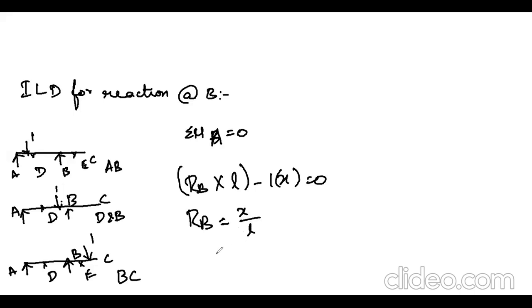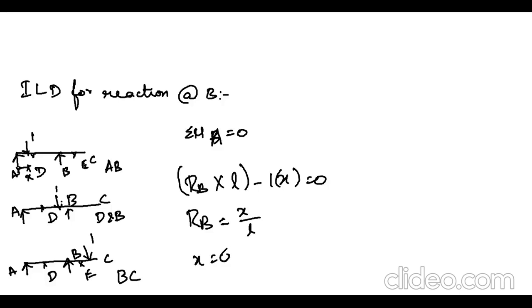Now you know this X is a variable, which means the distance between the moving load and the left support is denoted as a small x. That is the variable because the load is moving from the point 0 to the point L in this case.